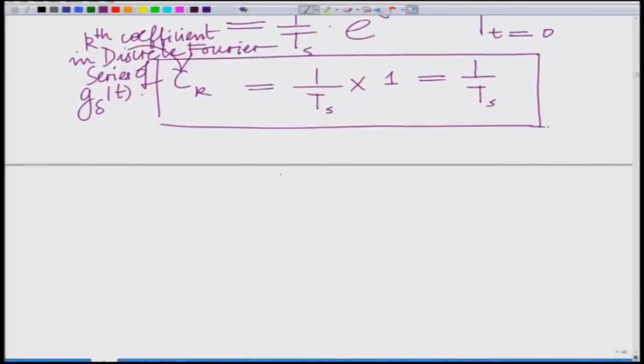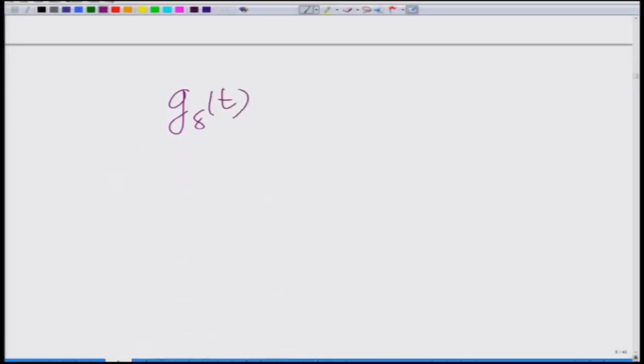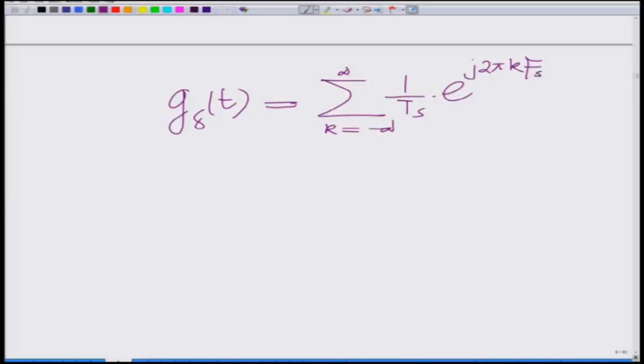We evaluated each coefficient C_k as 1 over Ts, and therefore, now the discrete Fourier series representation of this impulse train is given as g_delta(t) equals the summation k equals minus infinity to infinity of 1 over Ts e to the power of j 2 pi k Fs t.